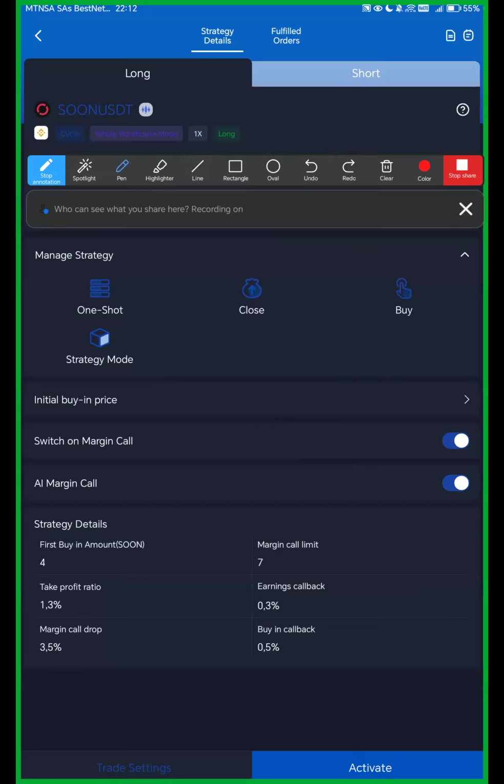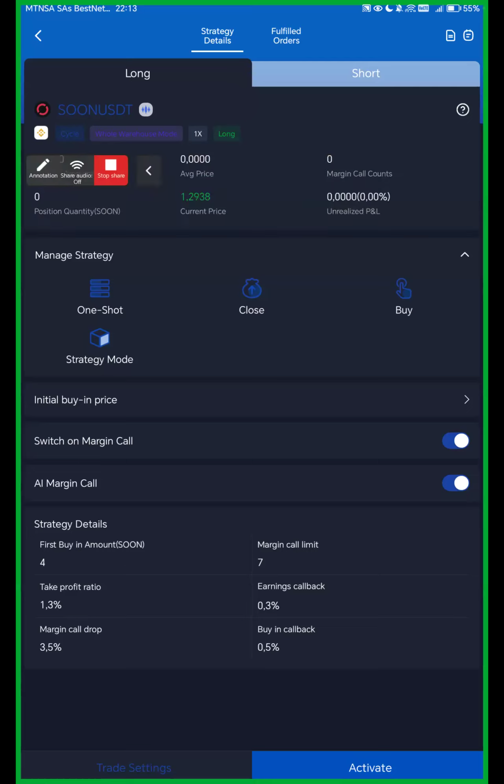But I will also advise you that when you are transferring money for margin calls, don't forget to also transfer money to maintain your margin, because liquidation is real, especially if you are someone who trades in cross margin, in cross mode. The robot will use that capital to buy, and you're not going to have money to maintain your margin.